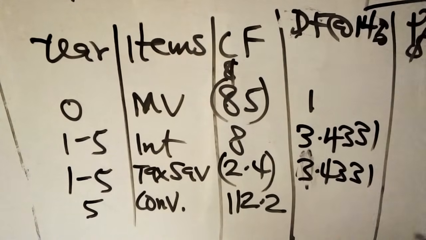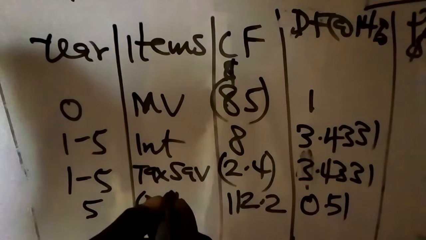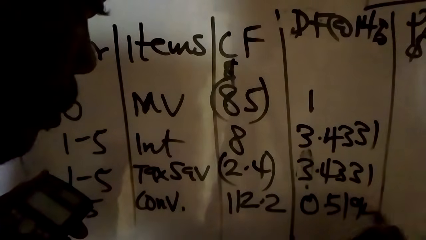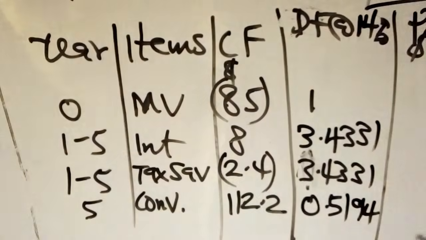For the 5th year, the discount factor will be 0.5194.